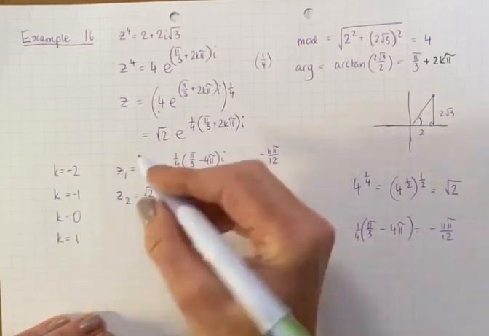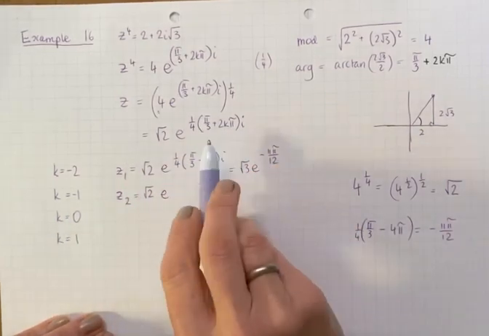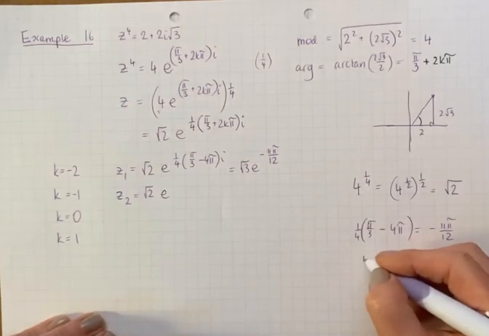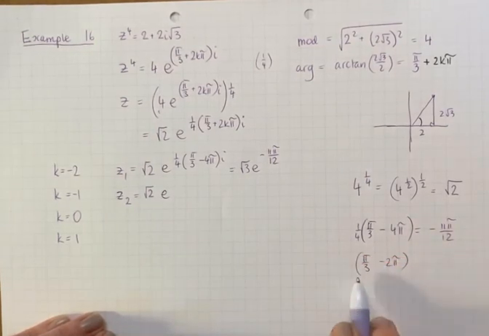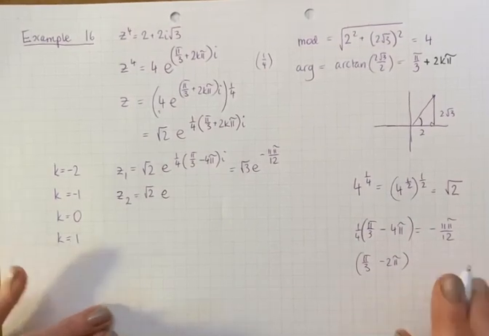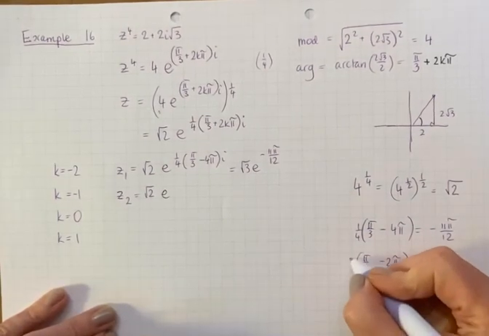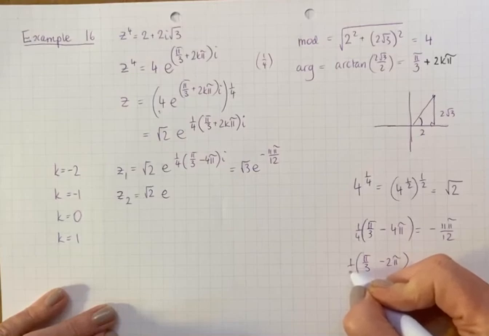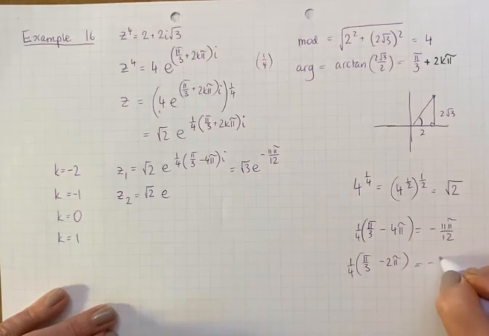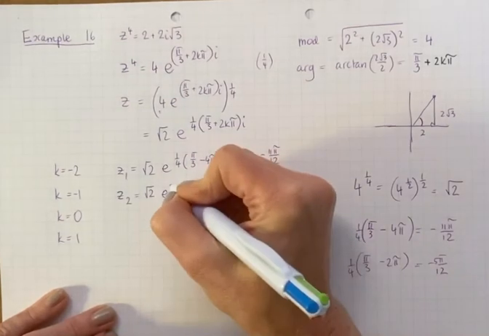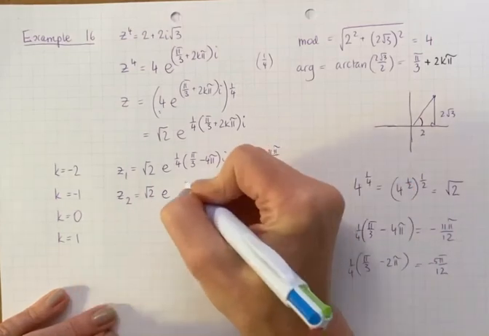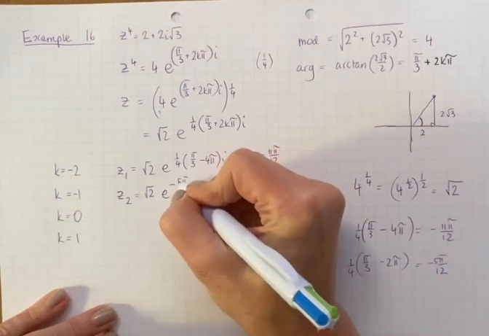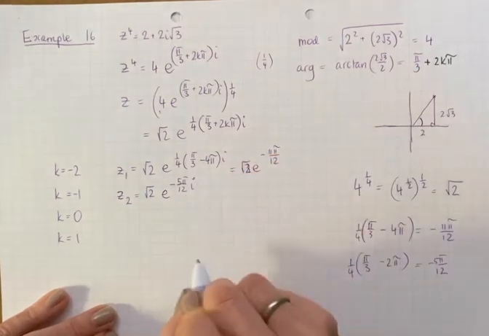Put -1 into this, so it's e to the power of, if I put -1 here, I'll have pi over 3 minus 2 pi, and this is going to be 1/3 minus 6, so -5 thirds, but times by a quarter, so minus 5 pi over 12. Root 2 e to the power of minus 5 pi over 12 i.